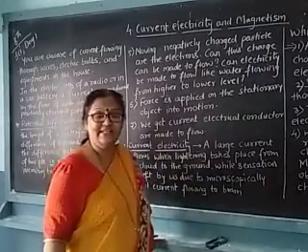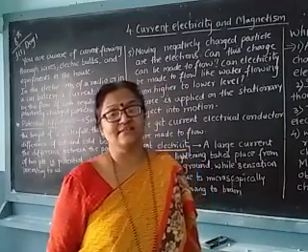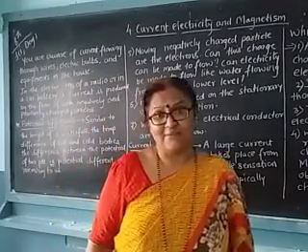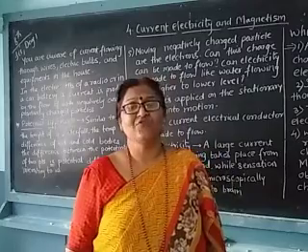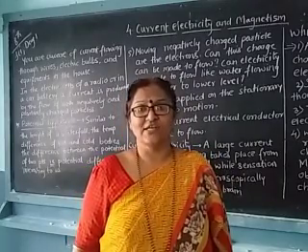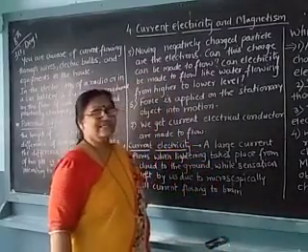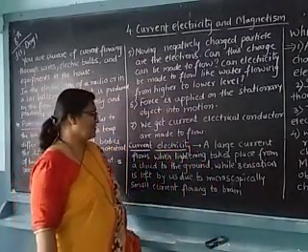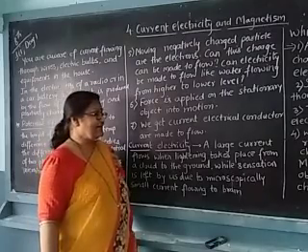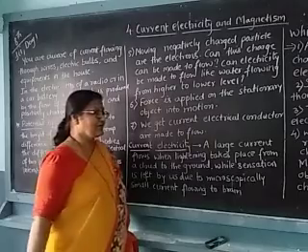You might have seen during the rainy season there is lightning, or thundering. At that time the lightning from the clouds flows to the ground, or touches the ground. This contains a large amount of current.